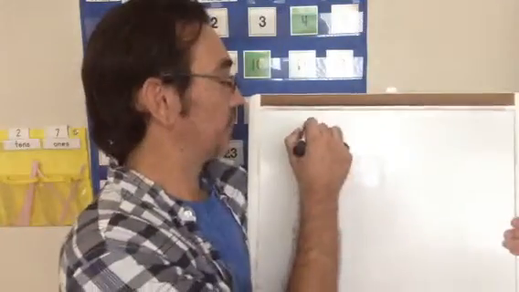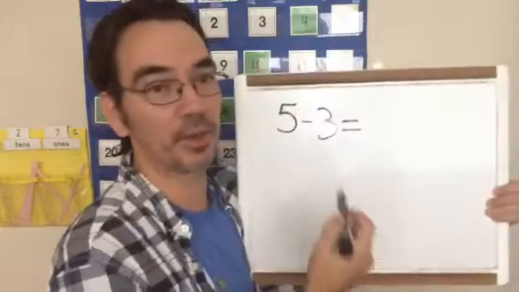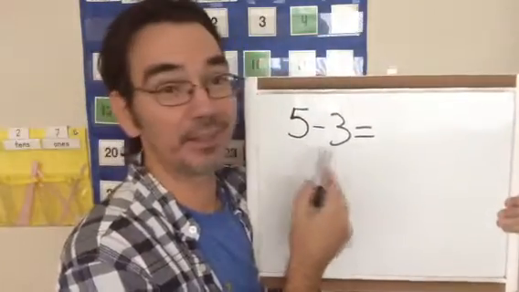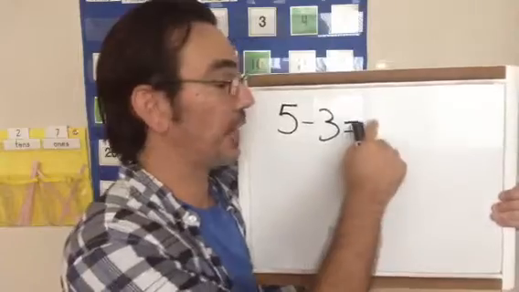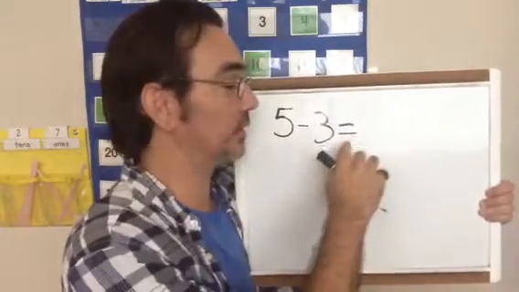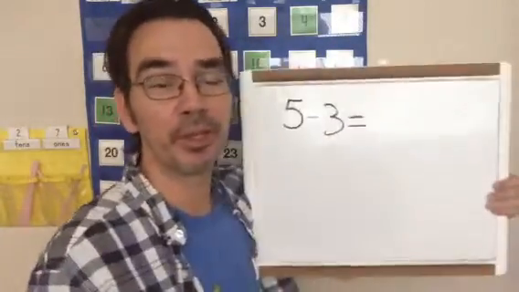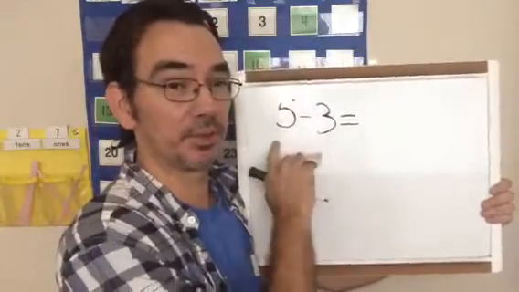Now first, we come across a subtraction sentence like this. 5 minus 3 equals, right? And what we're doing here is trying to find the difference. The difference between 5 and 3. That will be what goes here, right? What it's equal to. What is the difference equal to? It goes right here. Now sometimes you're going to see the problem presented like this.